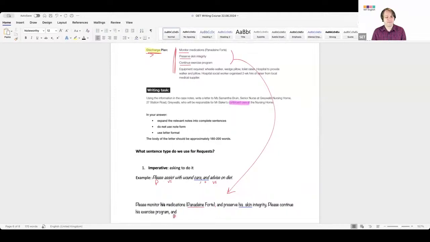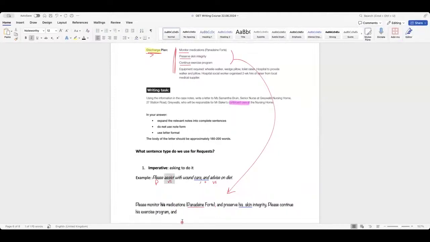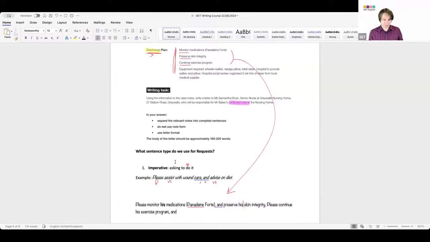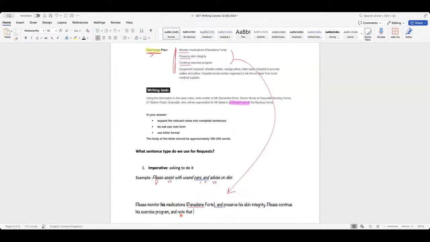Do I say equipment required? Is that a verb? No. Try to avoid kindly here for this class. I know it's in my book. Guys, what can I say for equipment required? I could say note. What does that mean, note?